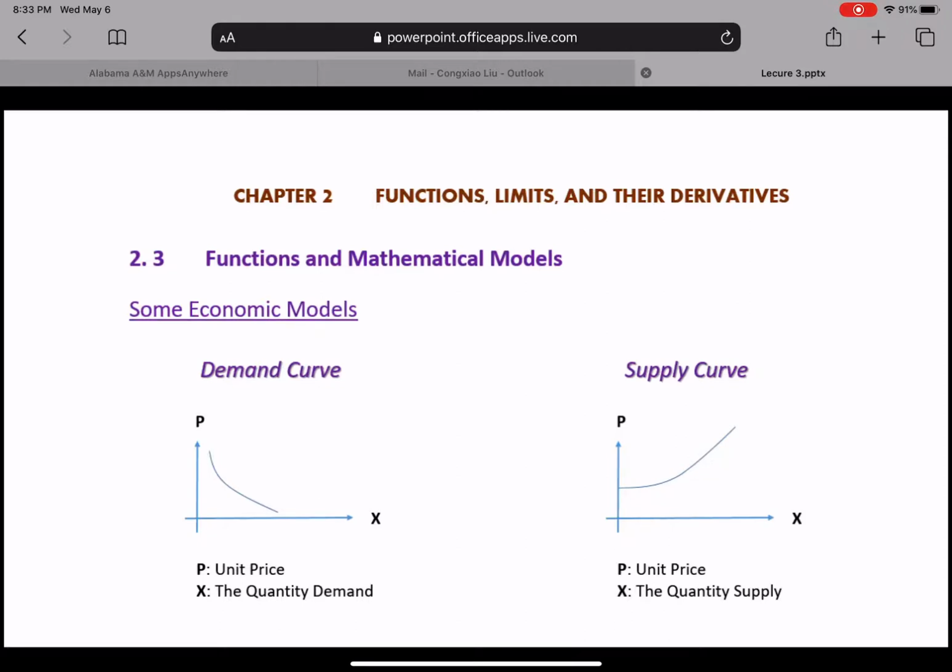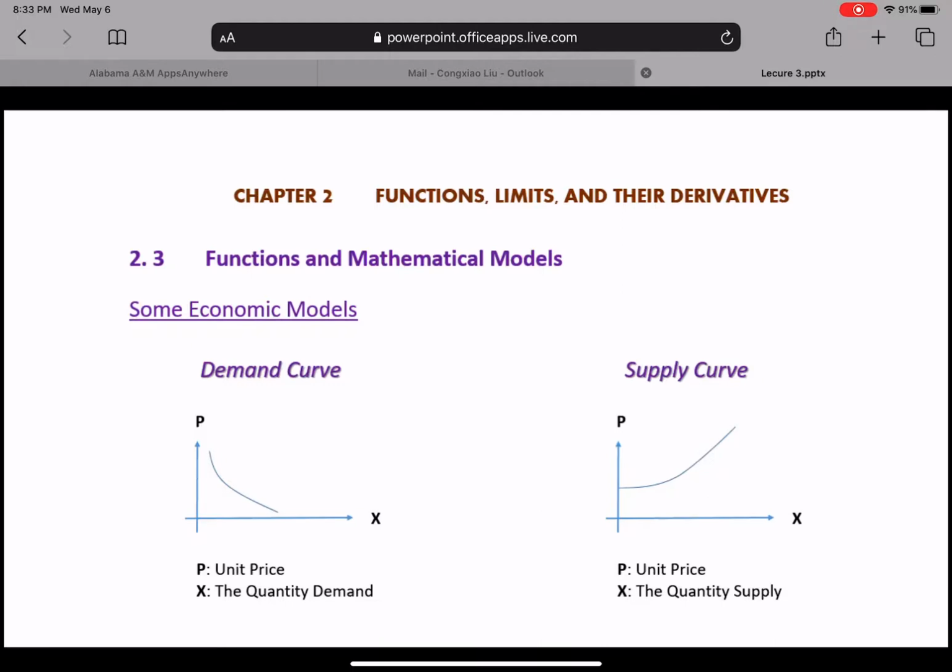When we talk about economics, we are basically talking about price, revenue, cost, profit, those quantities. And there are two types of curves we are discussing here. One is called the demand curve and the other is called the supply curve.